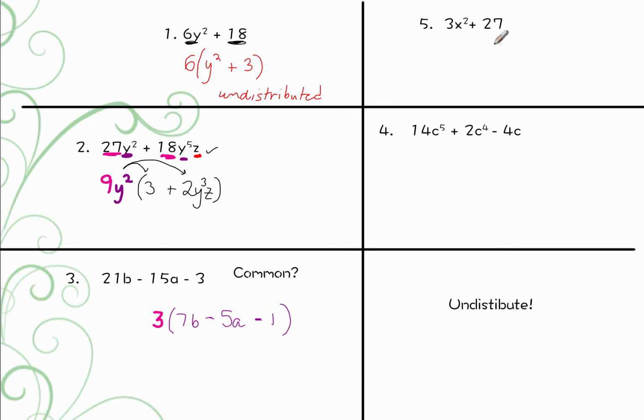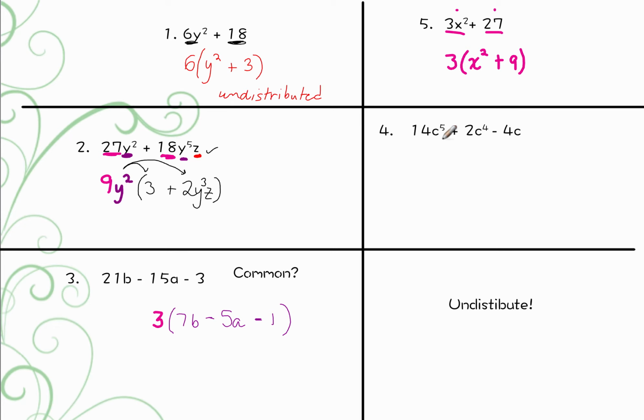So by now you're getting the hang of it, and it should be pretty easy to do. I'm going to undistribute here. Well, there's a 3 in common, no variables. So yeah, you may say undistributing is kind of like dividing. You're right, we're dividing. We divided each of these terms by 3, and then we have what's left over.